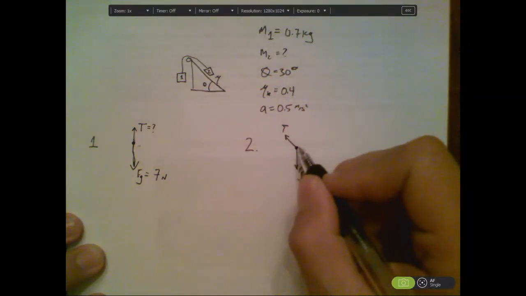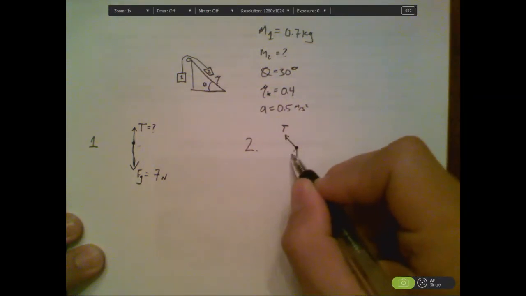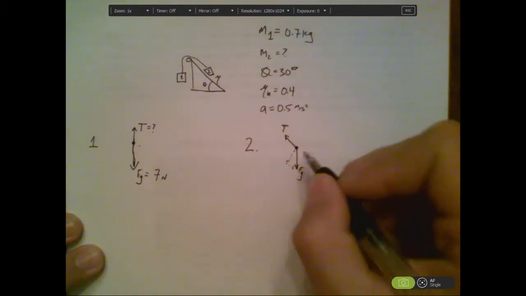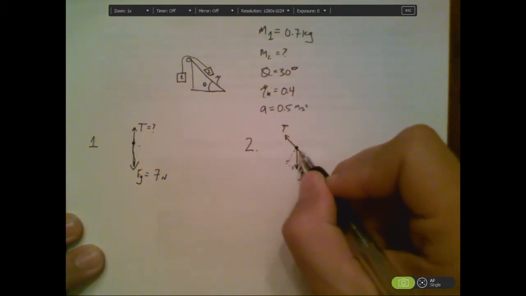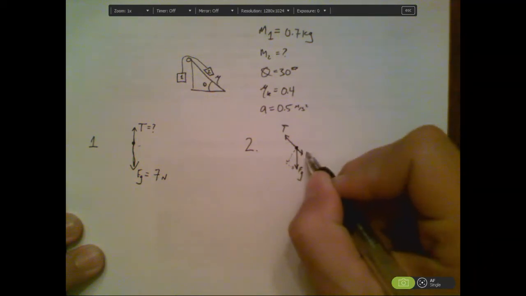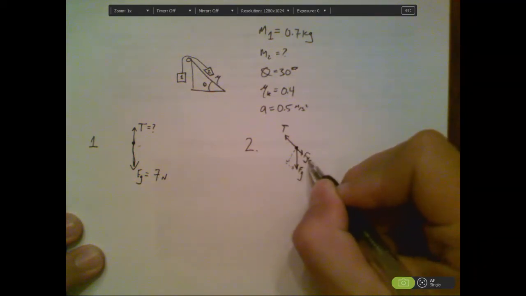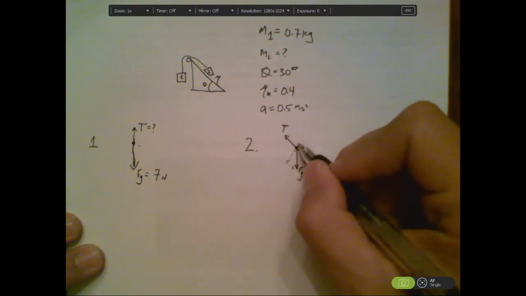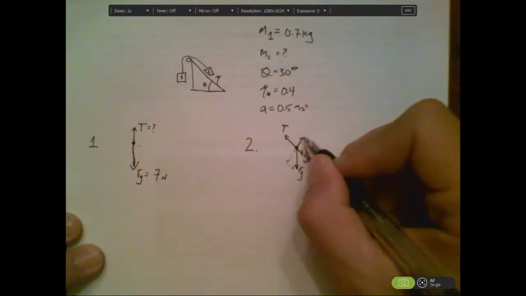Gravity is split into two components, part of which is pulling it down the ramp, Fgx, and part of it is the normal force.